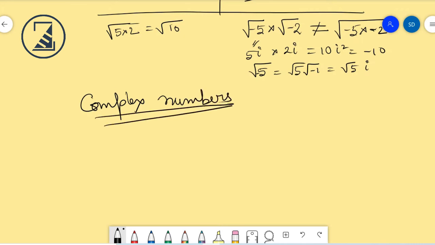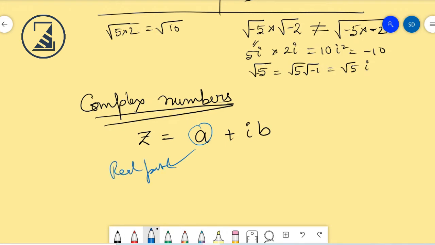Complex numbers are numbers which have both real and imaginary parts. So a complex number is just a mixture of real and imaginary numbers. So this is our real part, and this is our imaginary number, and this b is known as the imaginary part.